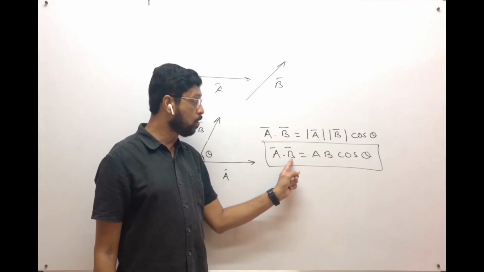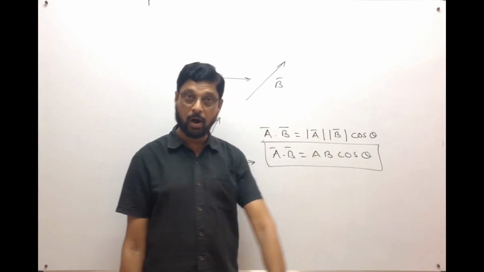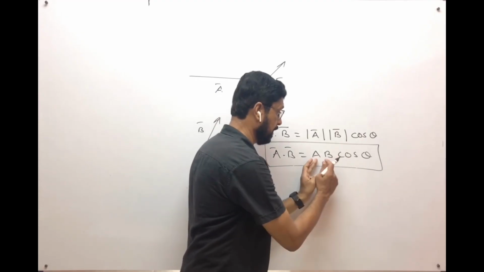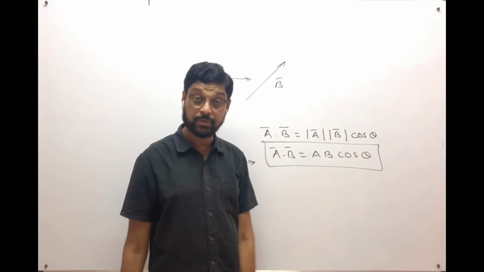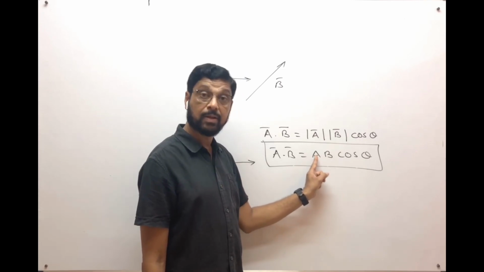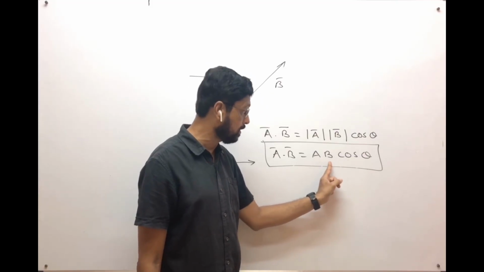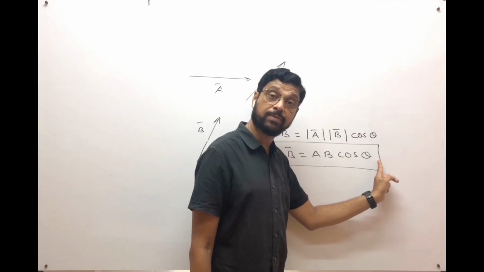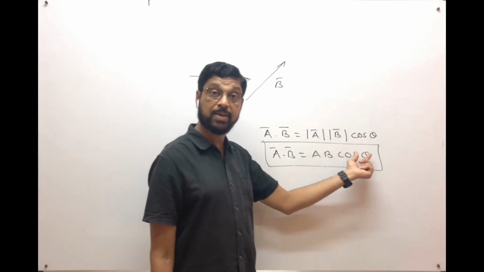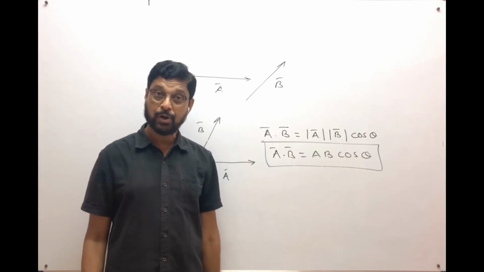The dot product of two vectors is defined as the product of A into B into cos theta, the magnitudes of the two vectors, दोनों vectors के magnitudes का product, and cosine of the angle between them. तो दो vectors का magnitude और उनके बीच के एंगल का कोसाइन, इन सब के प्रोडक्ट को बोलते हैं डॉट प्रोडक्ट ऑफ टू वेक्टर्स.